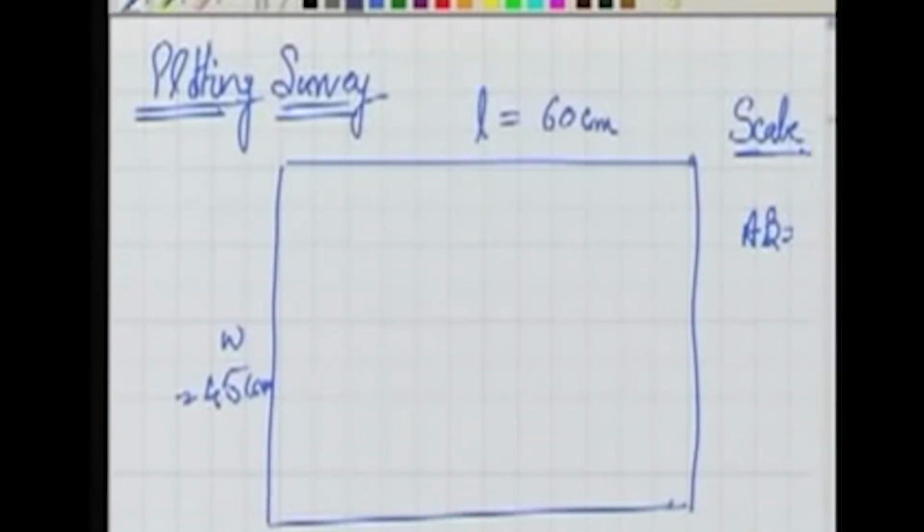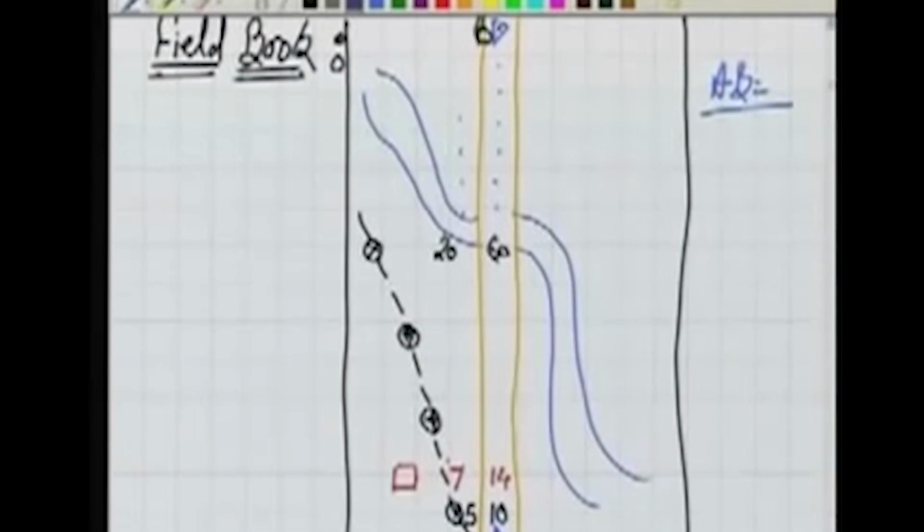Let us say I plot A and B. That's my A and this is my B. I can again draw a line between these two. Then I go back to my field book.